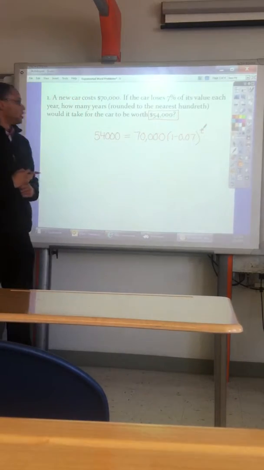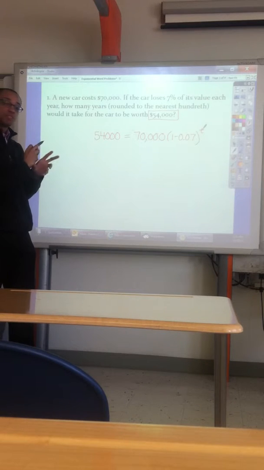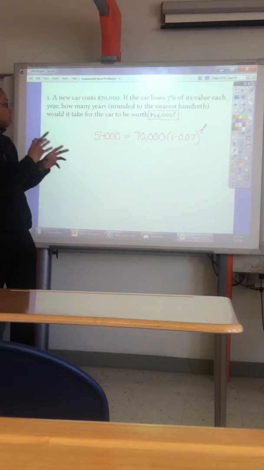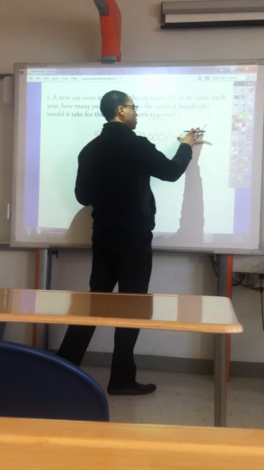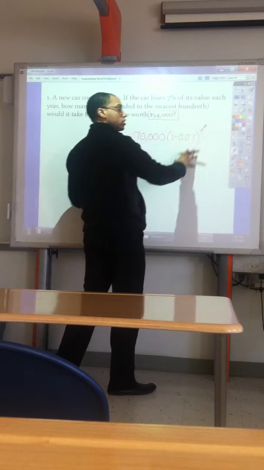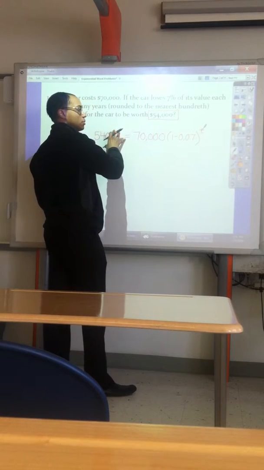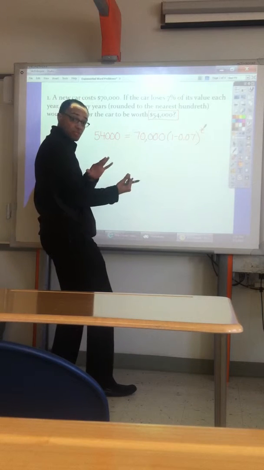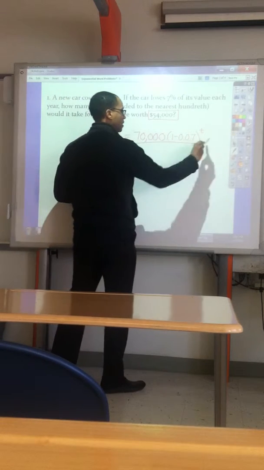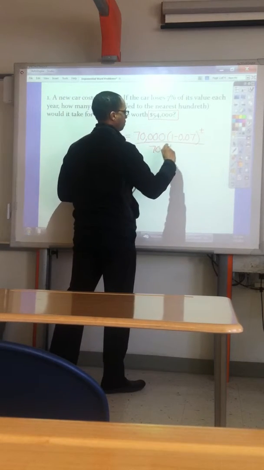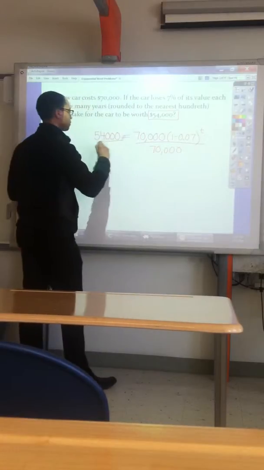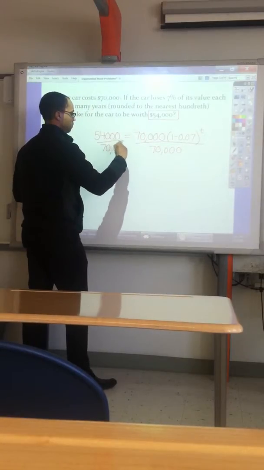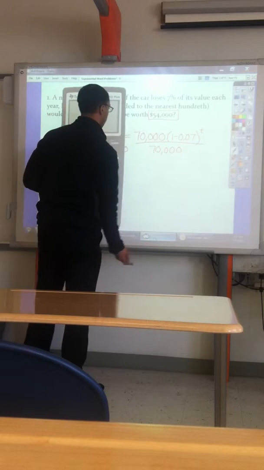Okay? So first thing I need to do is solve so that I can set up a logarithmic equation in order to find when this value would be reached. The thing that's hindering us from doing that is this 70,000. So I'm going to divide by 70,000. Take out my calculator.